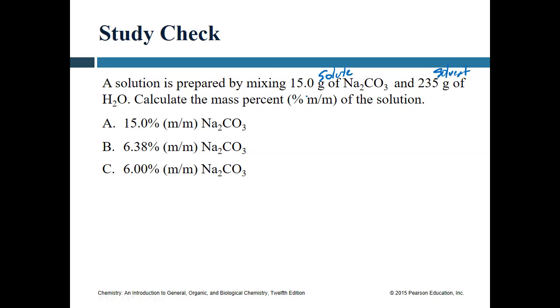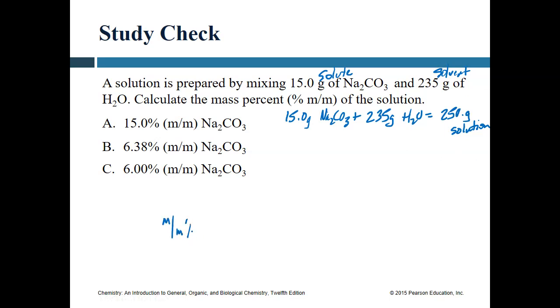Before I break into doing any kind of calculations related to that percentage, I want to figure out the total mass of solution. 15.0 grams of sodium carbonate plus 235 grams of water would give me 250 grams of solution in total.